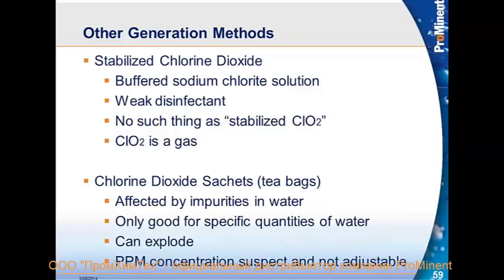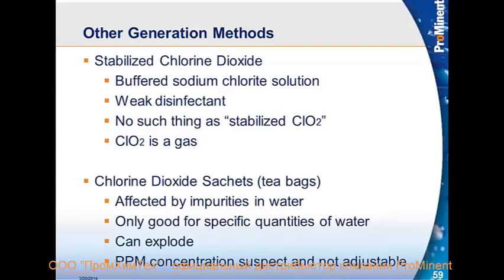There are also chlorine dioxide sachets or tea bags out there that people just put into a 5-gallon pail or a gallon of water. These, of course, are affected by impurities in the water. They're only good for specific quantities of water and ppm concentration. And we have heard instances that these can explode if not tended to properly.